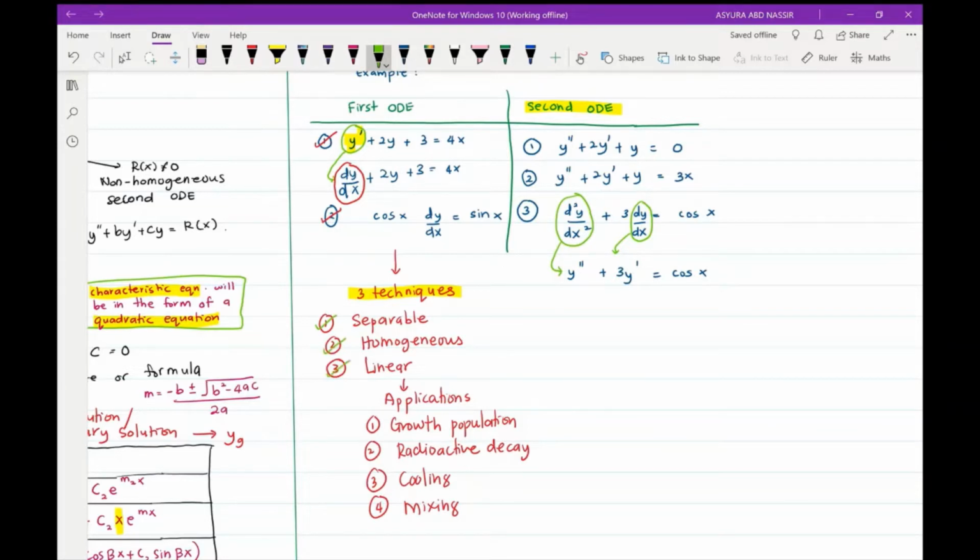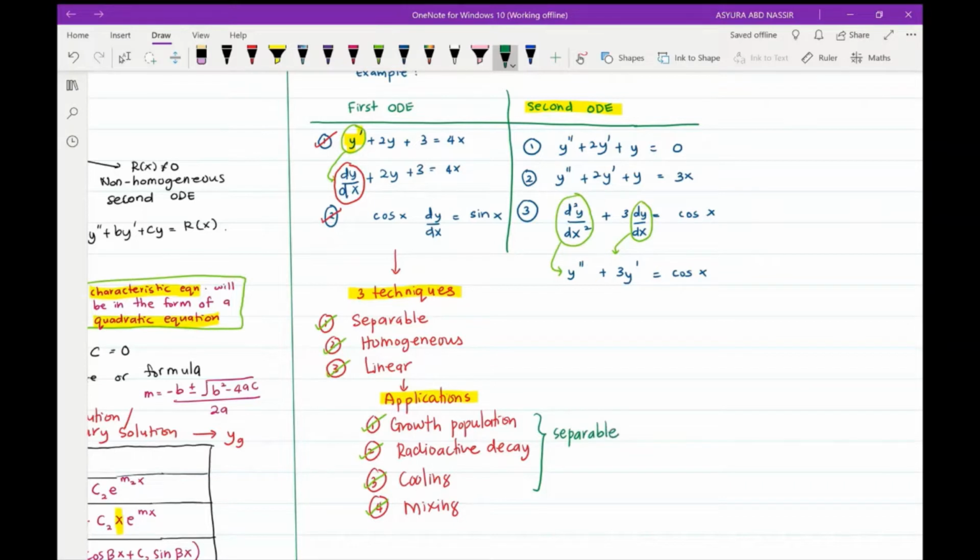And we also have learned the application of the first order ODE. The first one is population growth. The second one is radioactive decay. The third one is the cooling problem. And the last one is the mixing problem. For cases number 1, 2 and 3, basically you will solve using separable equation.